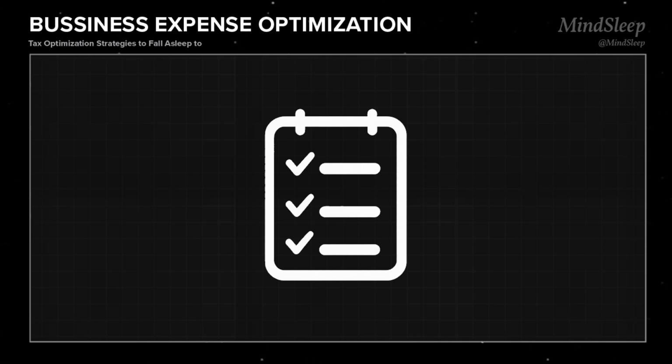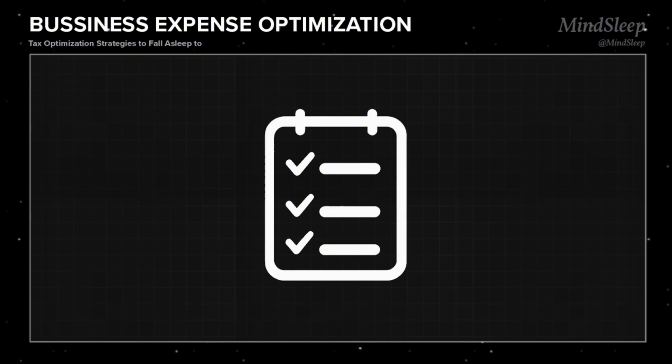Let us embark on this journey through the labyrinth of business expenses, where every decision can ripple through the fabric of an organization's fiscal structure. At its core, business expense optimization is the art and science of maximizing tax deductions while maintaining strict compliance with ever-evolving regulations.